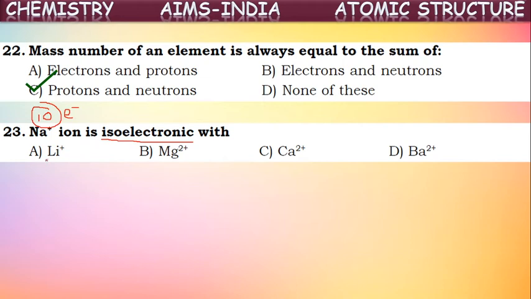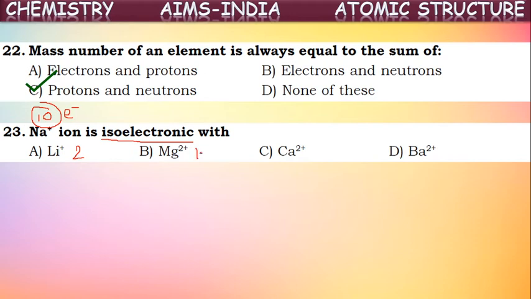What about Li+? The atomic number of lithium is 3. In the neutral state, lithium will be having 3 electrons. But here they mentioned Li+, which means it lost one electron. So it will be having only 2 electrons. What about Mg2+? Magnesium has 12 electrons. Neutral magnesium will be having 12 electrons. But they have shown here Mg2+, which means it lost 2 electrons.